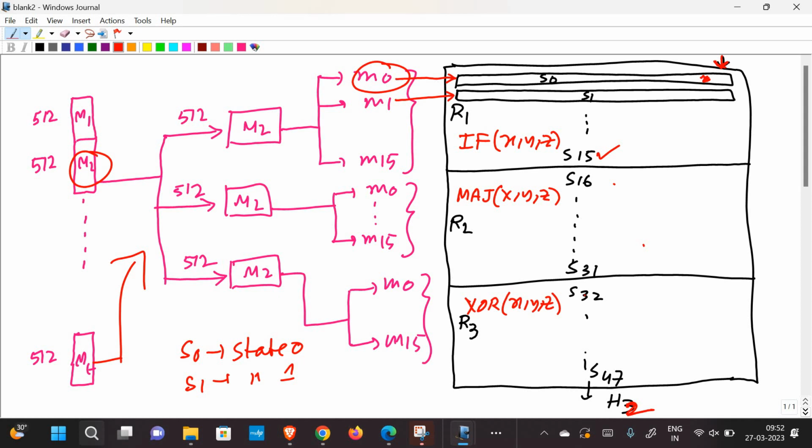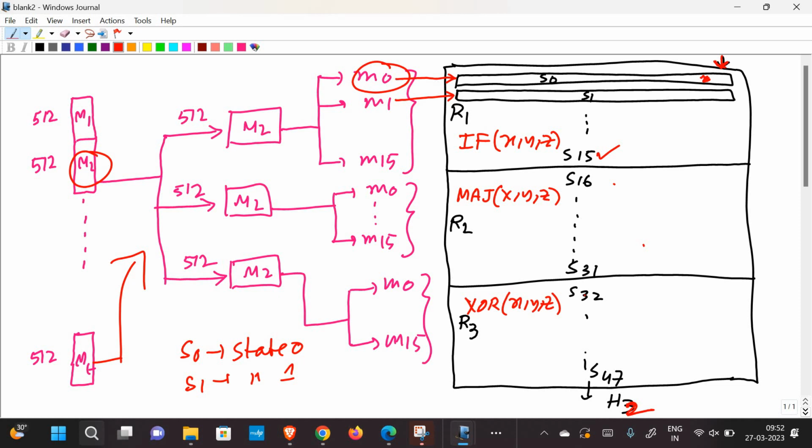Now, each of those M0 to M15 words is subjected to round 1, round 2, round 3. And each of those rounds goes through its own function. For round 1, it is the IF function. For round 2, it is the majority function. And round 3 is the XOR function.